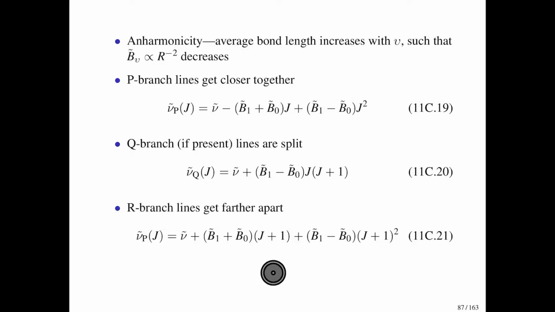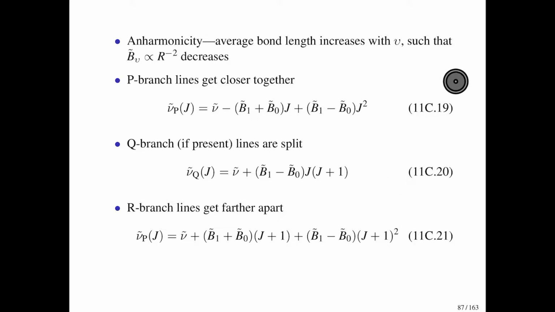These formulas include the effect of anharmonicity in the sense that different vibrational levels will have different rotational constants. So, for example, in an excited vibrational state, the average bond length would be larger, and so the moment of inertia would be different, and the rotational constants would be different, and that's taken into account in these expressions here.